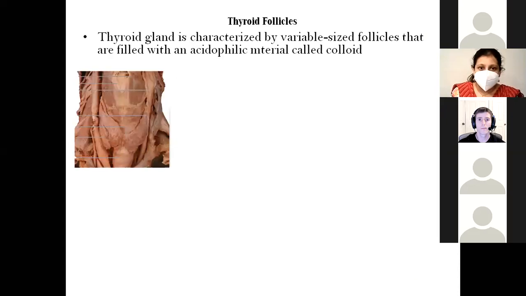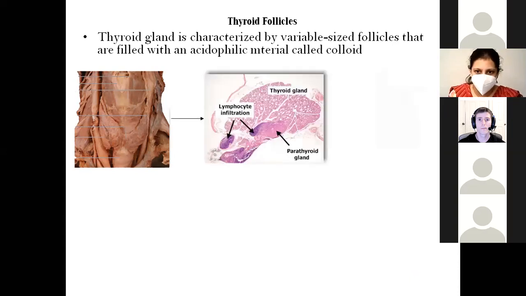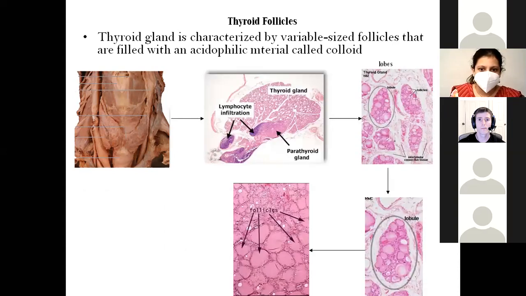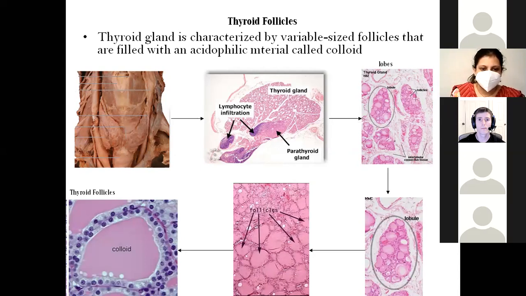Okay, the thyroid gland, as I mentioned, consists of variable sized follicles that are filled with an acidophilic material called colloid. Over here in this slide, you can see the enlarged diagram of the colloid.